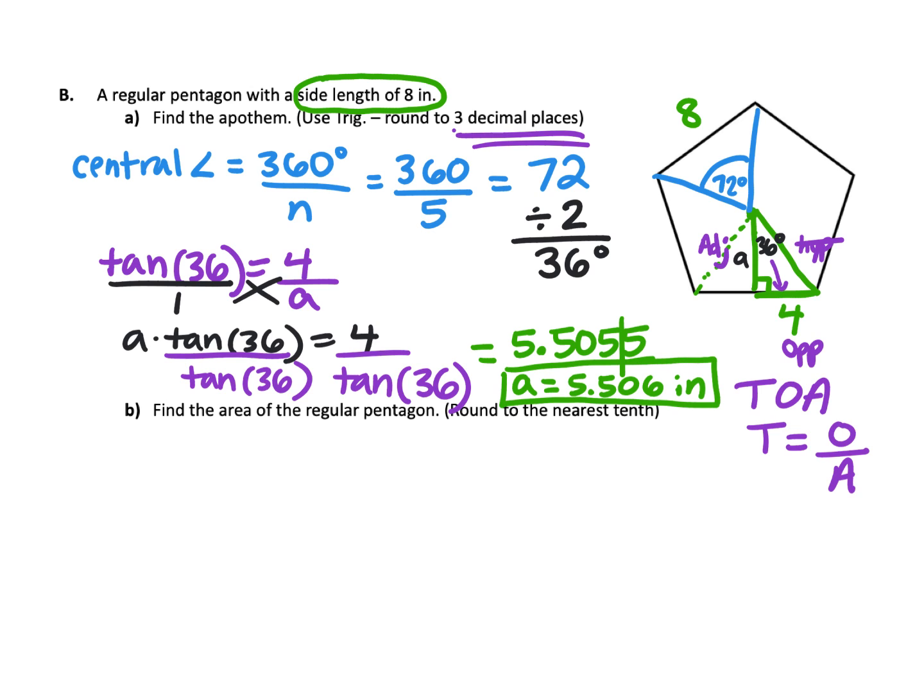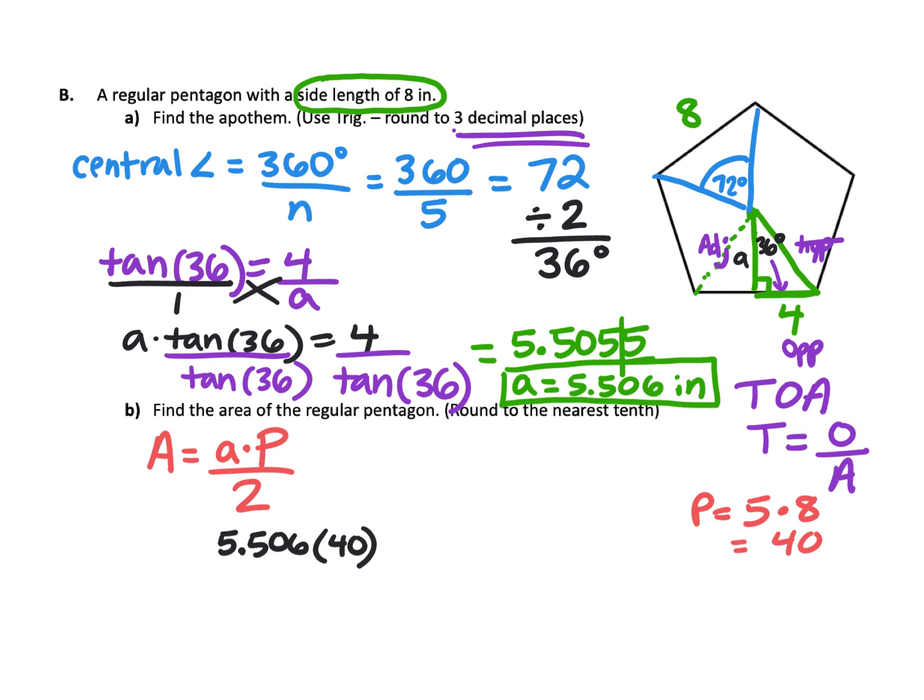And now that we have that, we can find the area pretty easily, just like we did in the last problem. Area is 1/2 AP, or remember, I can also do A times P divided by 2. I do need to calculate the perimeter here. But the perimeter, if there are 5 sides, and each side is 8, 5 times 8 is 40. So let's replace the capital P with 40, and the A, we're going to use that number we just calculated. So I need 5.506 times 40.